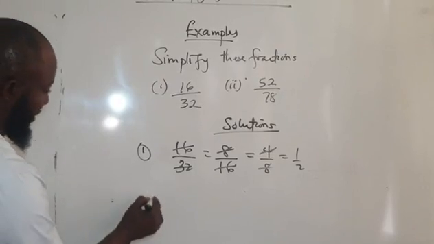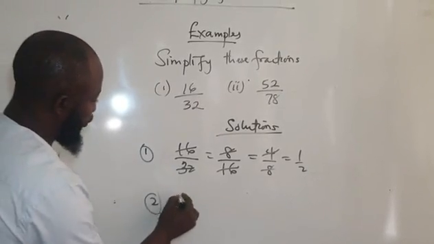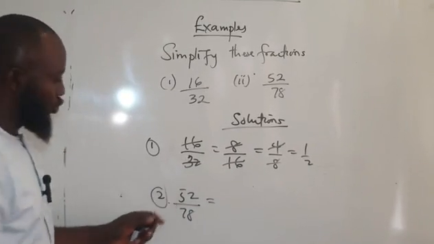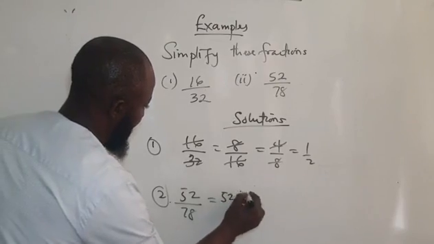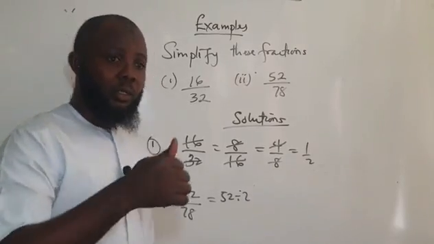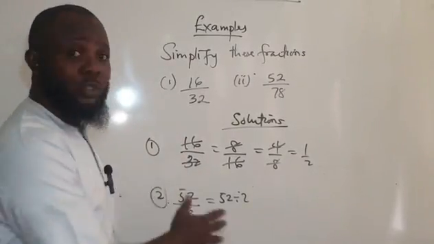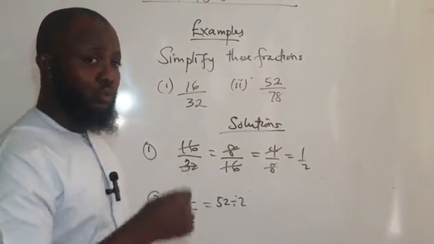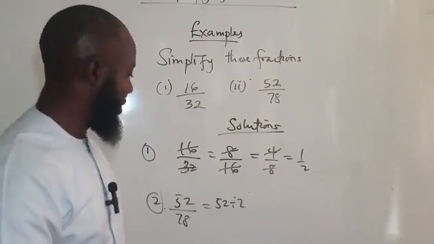The second one, we have 52 over 78. So 2 can go into both. Don't forget that we have done divisibility rules. All these will help you a lot here. If you have not mastered those rules, go and master them. Very, very important.